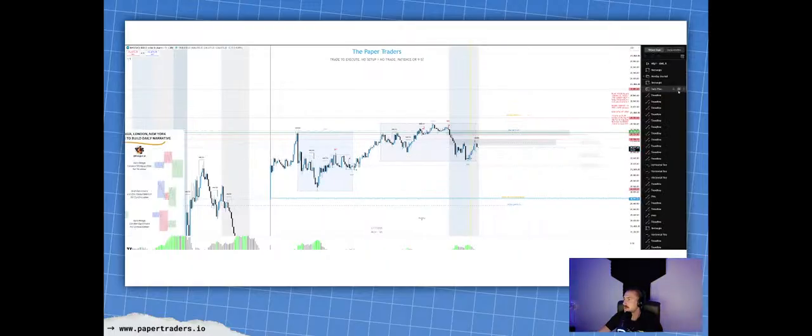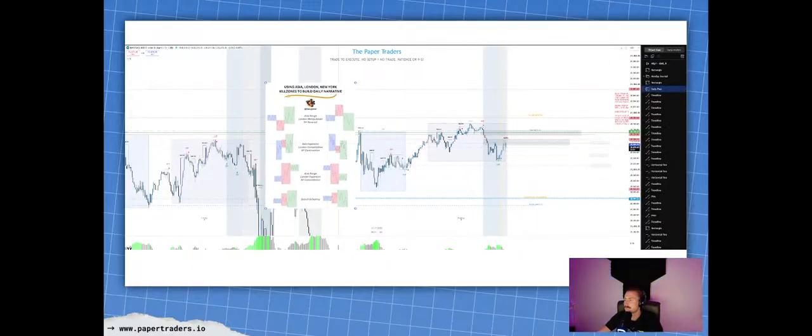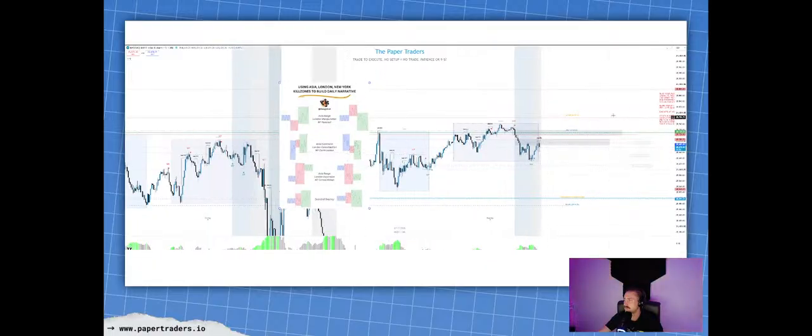And then our favorite part, taking out this daily plan and looking at what price did during the overnight session and seeing what it can do going into the New York session. So let's take a gander here. Let's see what we have going on.